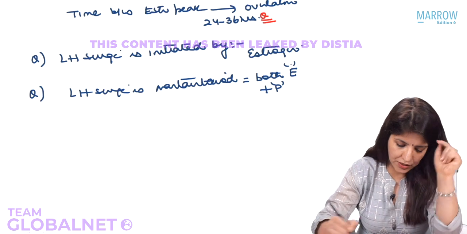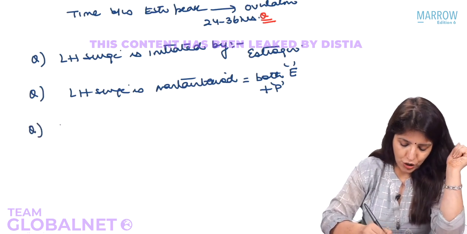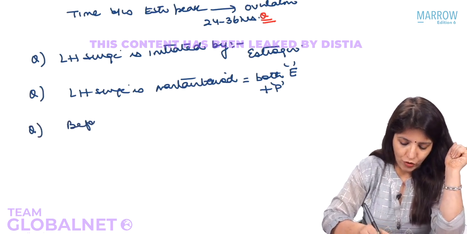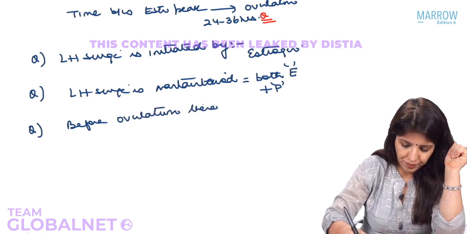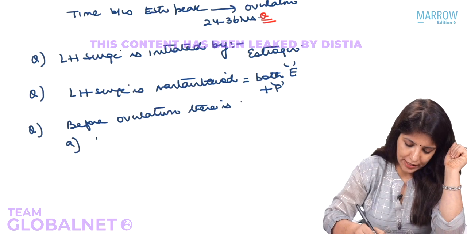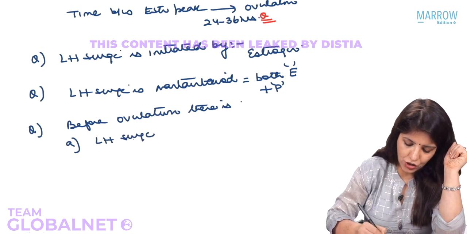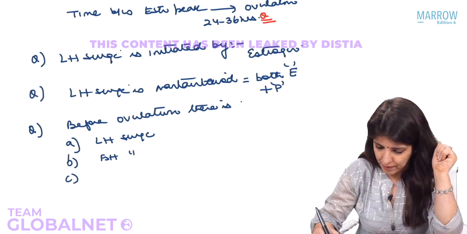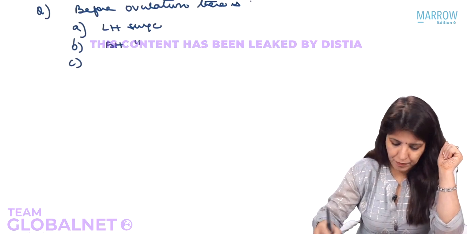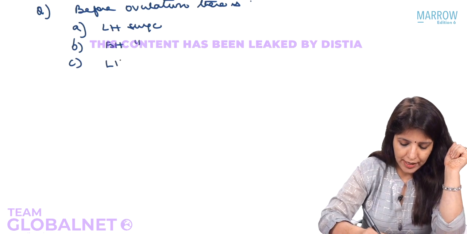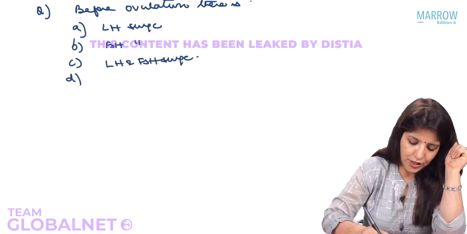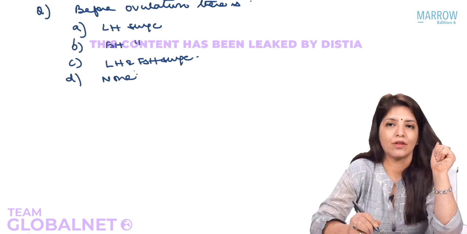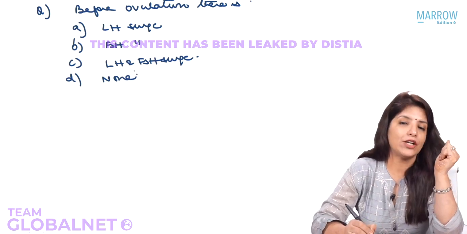Clear? Next question. If I ask you, before ovulation, there is, and your options are option A, LH surge, option B, FSH surge, option C, LH and FSH surge, and option D, none. Right? So, you know, before ovulation, what is there?